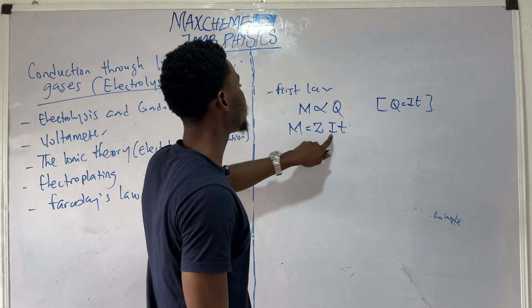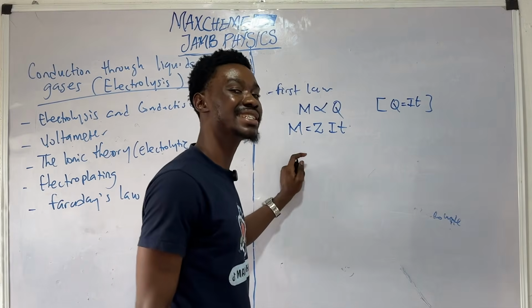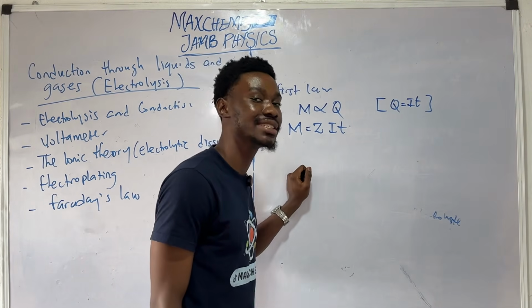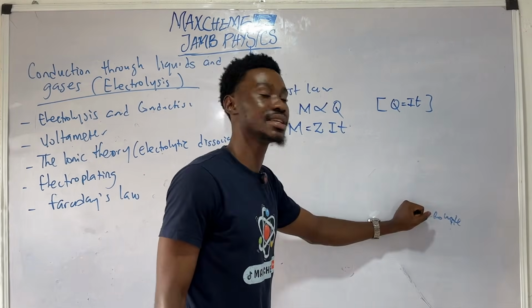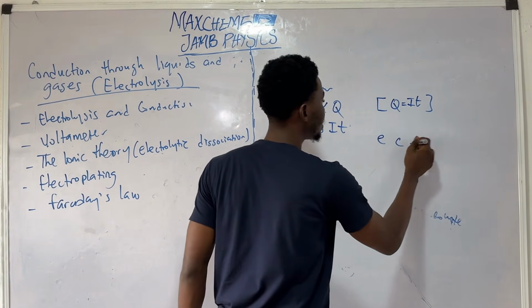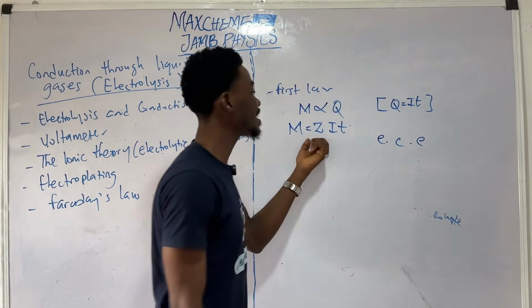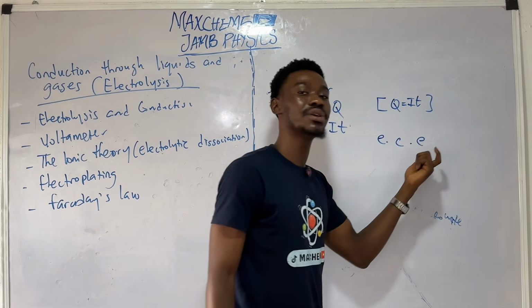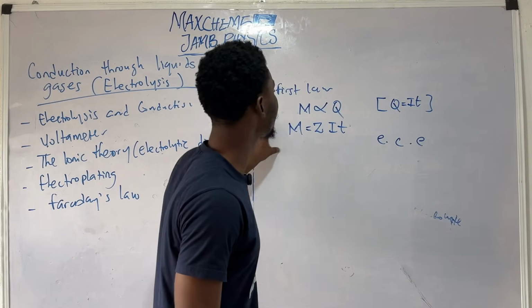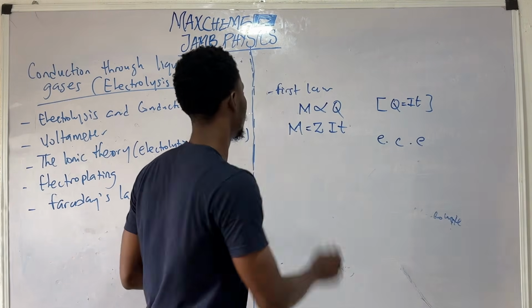Q is IT, but where does Z come from? Z is a constant of proportionality known as the electrochemical equivalence, ECE. So this is Faraday's first law.